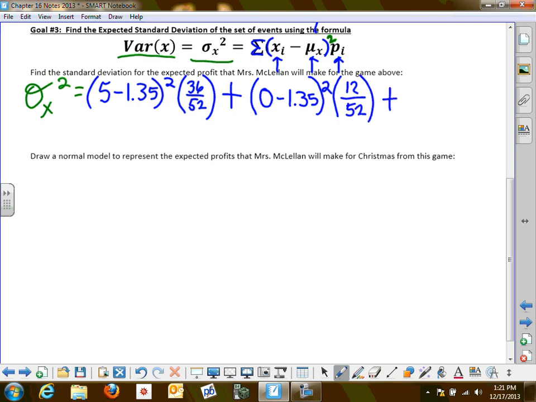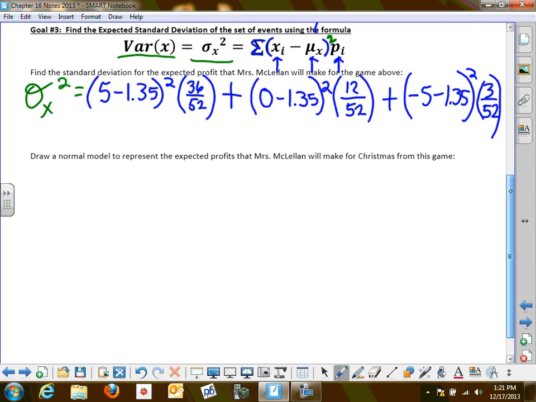Plus, okay, what other type of profit do I make? Negative 5 minus $1.35, quantity squared, times the probability of that happening, which is the other aces, 3 out of 52.